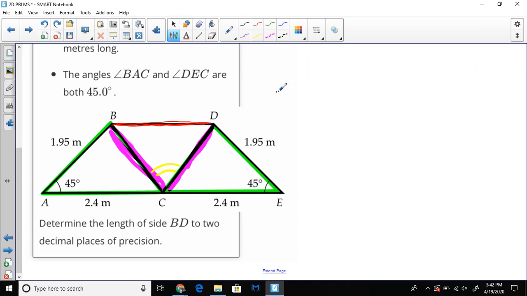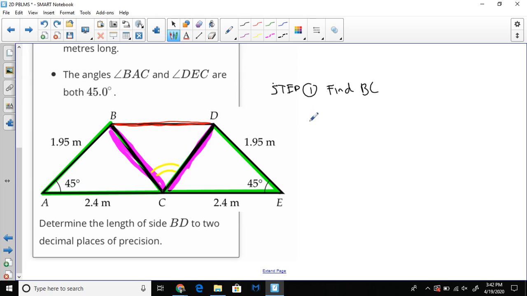First step: I want to find the length of BC.